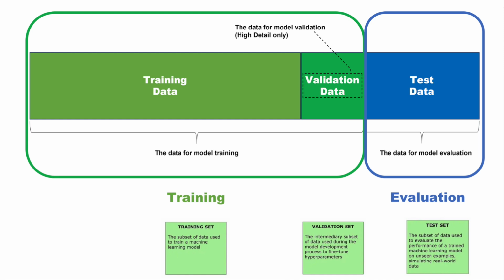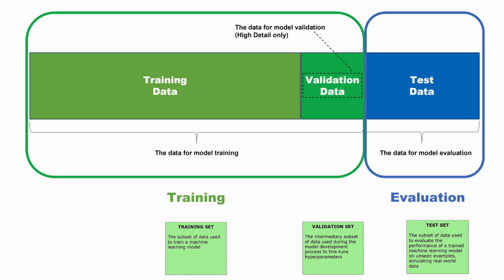Instead, we divide it into 3 key parts: training, validation, and test sets. So what is the training? Training data is the largest part. This is what the model actually learns from to understand the patterns in our data, right?